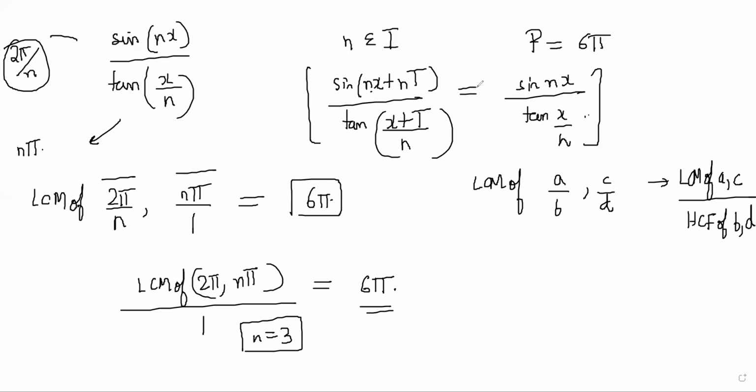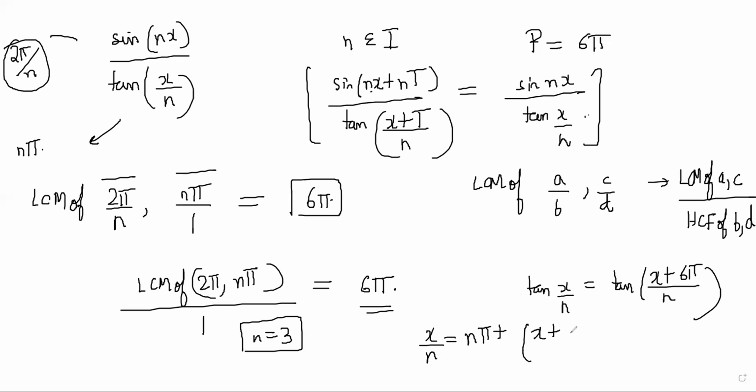And you will get an equation saying tan of x by n is equal to tan of x plus 6 pi by n. So x by n should be equal to n pi plus this, m pi, m is a different integer, by this. This is the general solution.